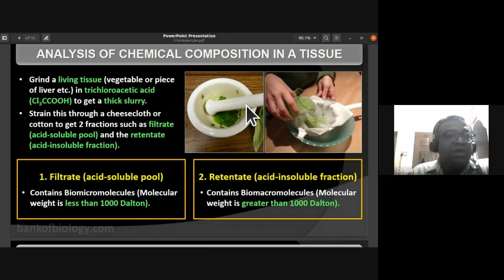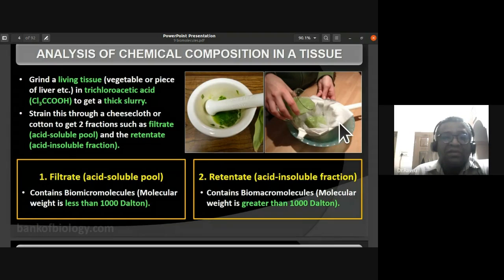So we use a mortar and pestle to grind a living tissue. So it can be either a plant tissue like a vegetable or a piece of liver in case of animal, using this trichloroacetic acid, that is Cl3CCOOH.